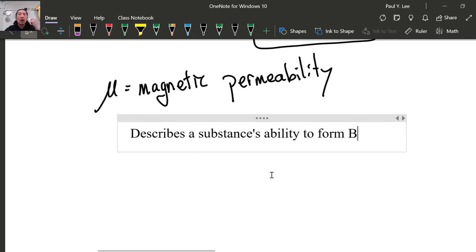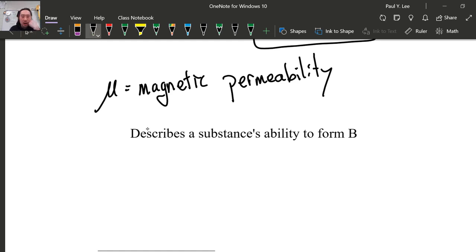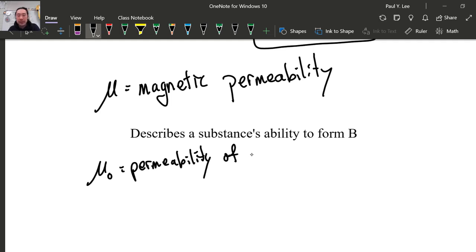Now, on your formula sheet, there is a constant called mu naught. This is the permeability of free space, so the ability to have a B field be created in free space. Essentially a vacuum.